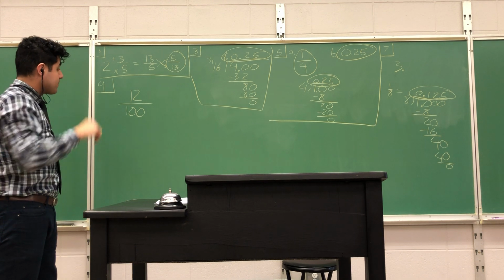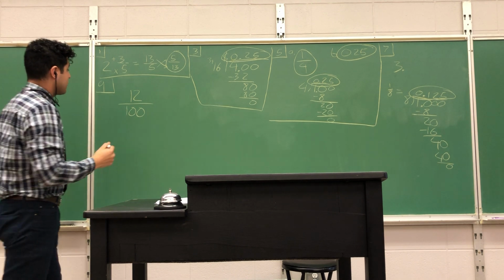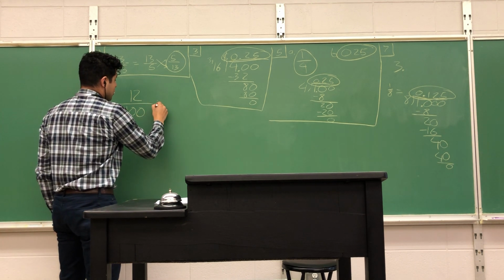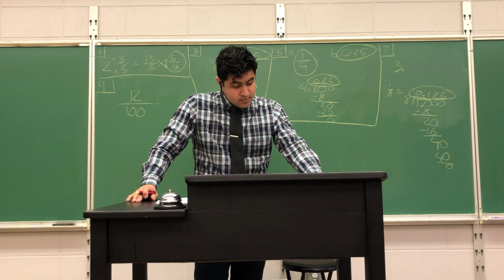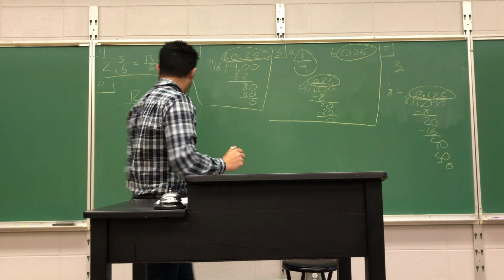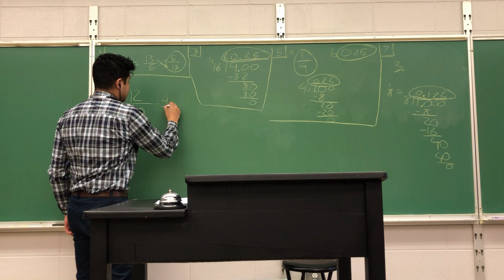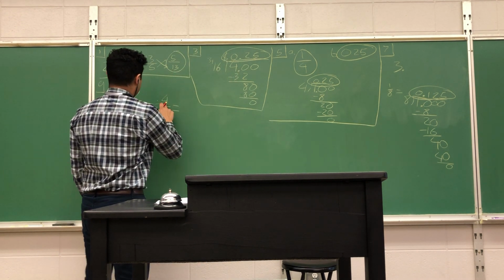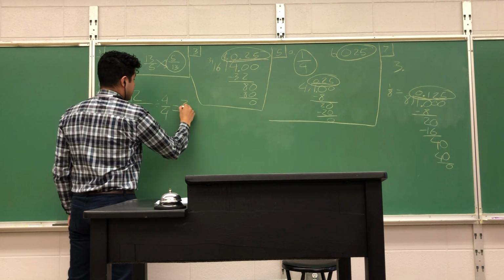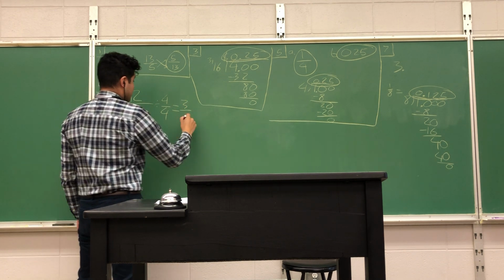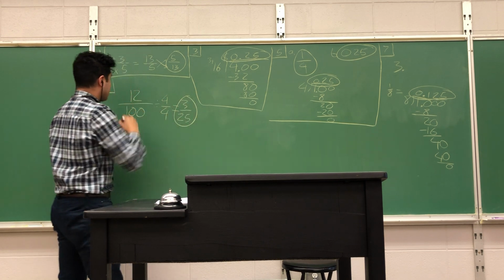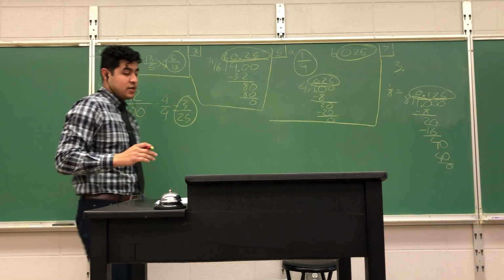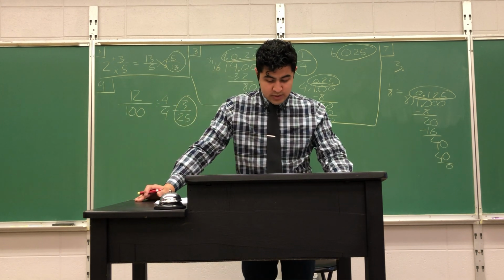But we need the reduced fraction, so which number goes into both of these evenly? For this one, we're going to divide both of these by 4, okay? 4 goes into 12 3 times evenly, and then 4 goes into 100 25 times evenly. So that's your final answer for number 9, 3 over 25.